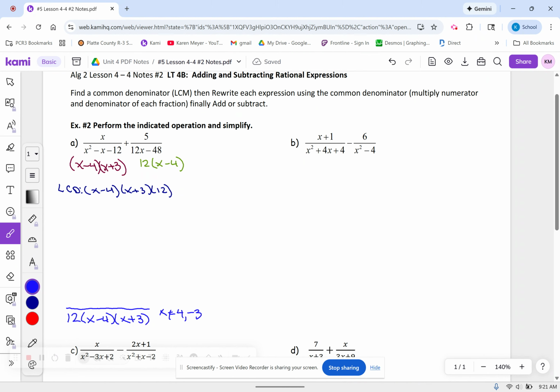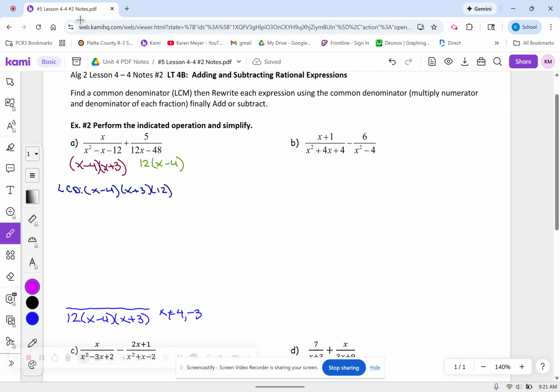So now we have to go figure out the numerator. The first fraction is here in maroon. When I look at the denominator, what is this denominator missing out of the LCD? Well, it has x minus 4. It has x plus 3.